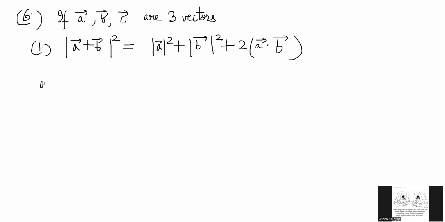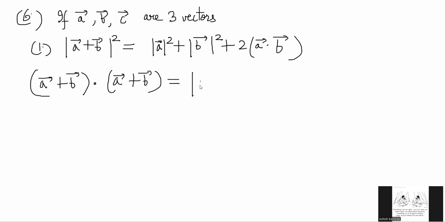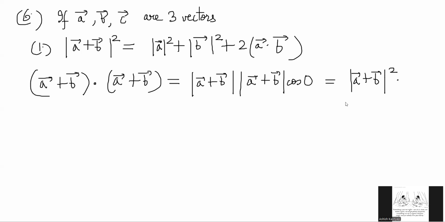So think about it. If you do A plus B dot product with A plus B, right? So what should it be? It should be, by the definition of dot product, mod of A plus B, mod of A plus B, cos of 0, right? So this will become basically mod of A plus B whole square. Correct. And what is coming on this side?